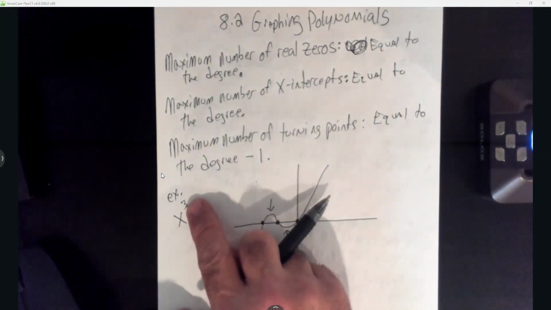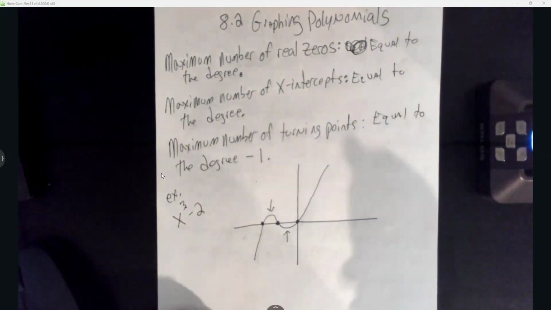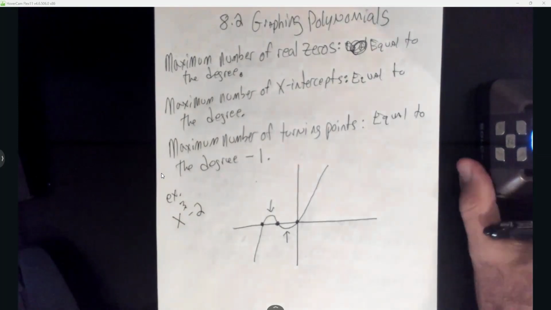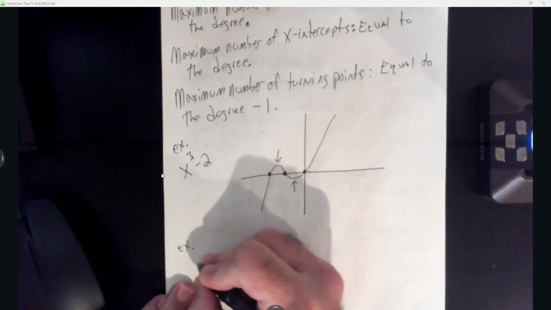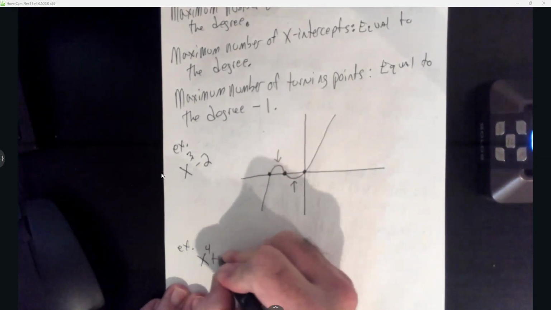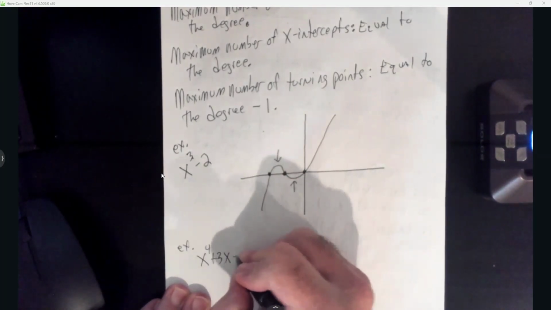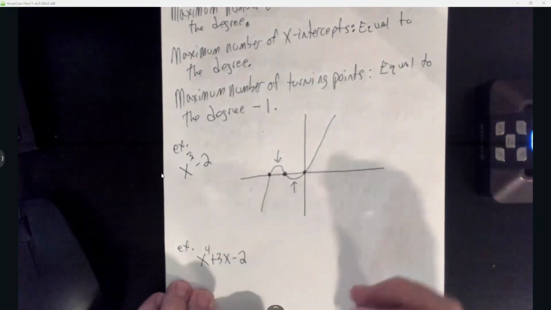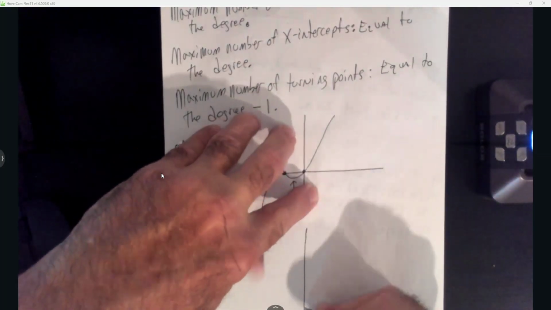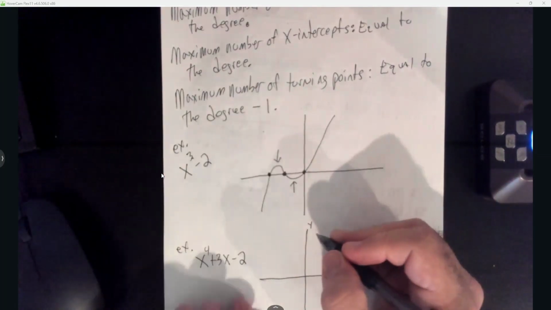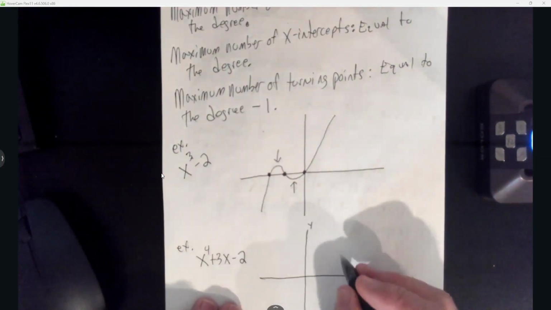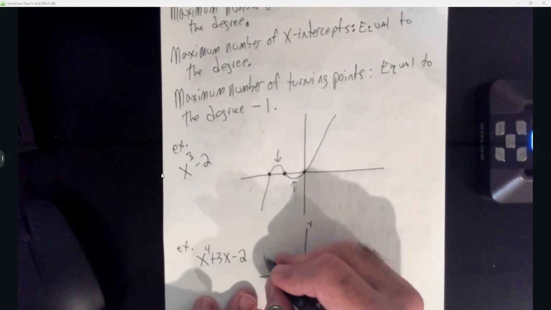So if this was an x to the 4th, let me give you an example of an x to the 4th. Something like x to the 4th plus 3x minus 2. Since that's an exponent of 4, the most it could cross would be 4 times.